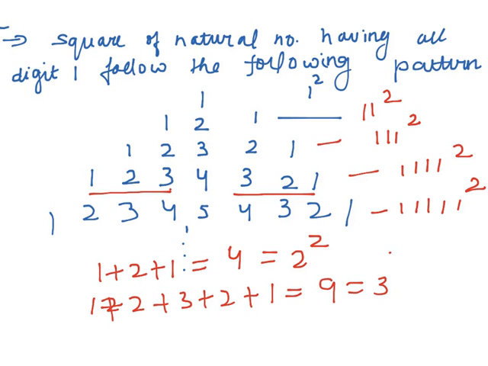Then again it is 3 square. So the sum of all the digits of the square again gives us a perfect square. Just remember this thing, if all the digits are 1 in any natural number, it will give us a pattern that is symmetrical around its middle term.